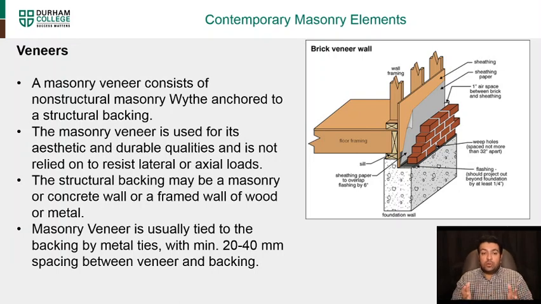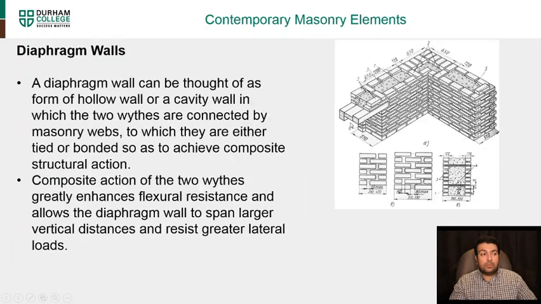The outside veneer wall is just to look nice, and it gives you the opportunity to use different types of bricks, different colors of bricks. It is basically for aesthetic purposes. It also has durability qualities, in that it does not rot that fast in rain and snow, so it is durable and provides that security from the outside.